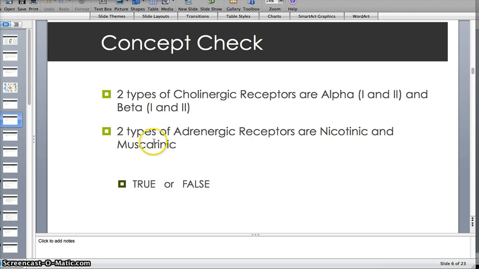And muscarinic is going to be found on the effector innervated by the parasympathetic nervous system. The two types of adrenergic receptors, so adrenergic binding with norepinephrine or epinephrine, are going to be alpha 1 and 2 and beta 1 and 2. So don't be confused if you see nicotinic binding with acetylcholine. That's true because nicotinic is a type of cholinergic receptor.